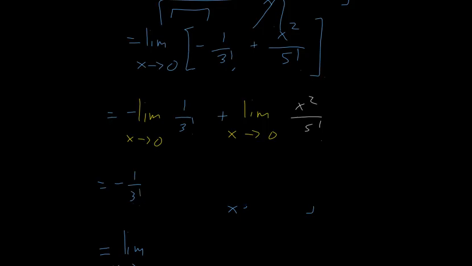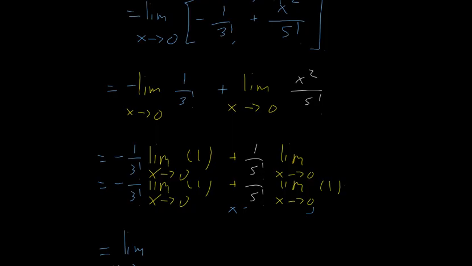I'm taking the limit of this guy. I can move the limit as x goes to 0. I like to show my steps. You probably can do this in one go if you want, it doesn't matter. So 1 over 5 factorial. Bring the constants out of the limit. This is the limit as x goes to 0. Now, automatically, this would be x squared.